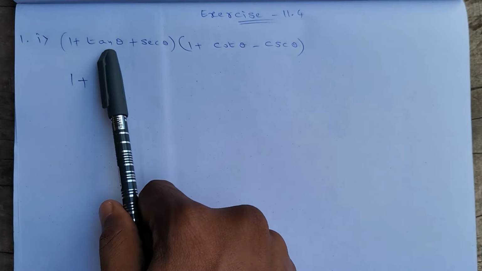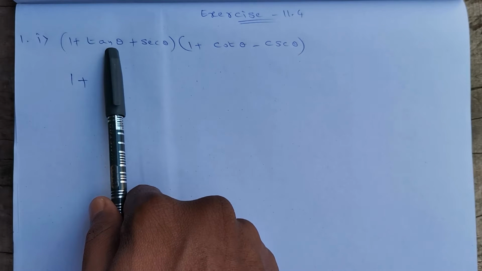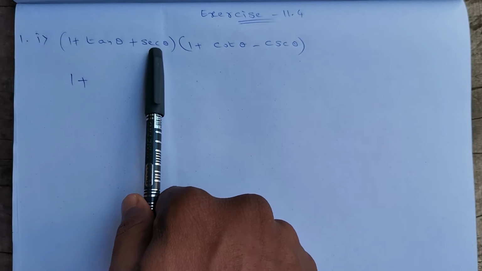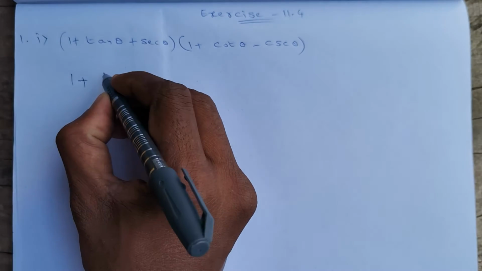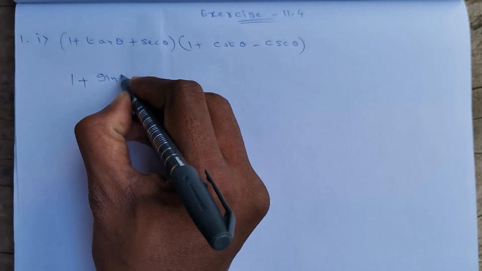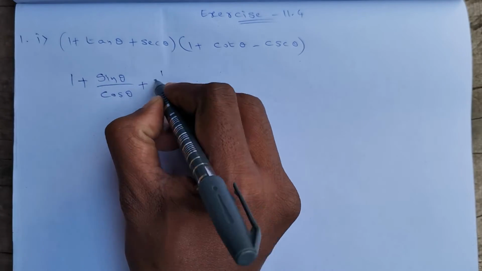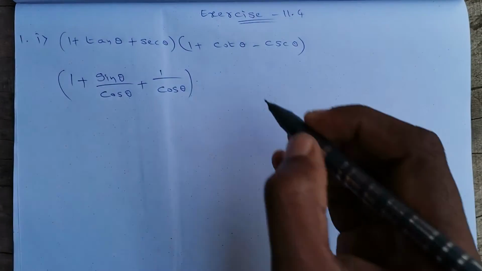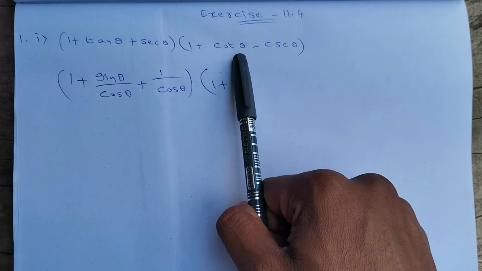1 plus, if we observe the second term and third term, tan θ can be written as sin θ by cos θ, and sec θ can be written as 1 by cos θ, so tan θ plus sec θ is sin θ by cos θ plus 1 by cos θ, times 1 plus the second term and third term.